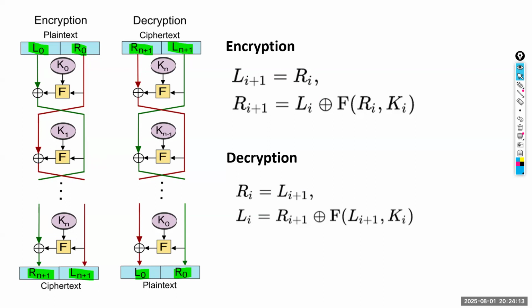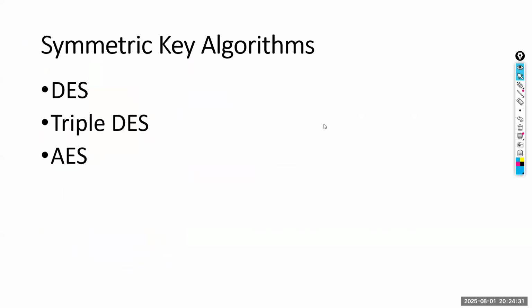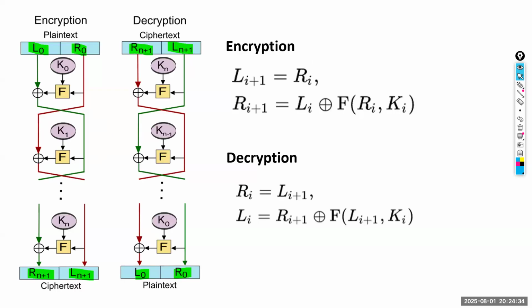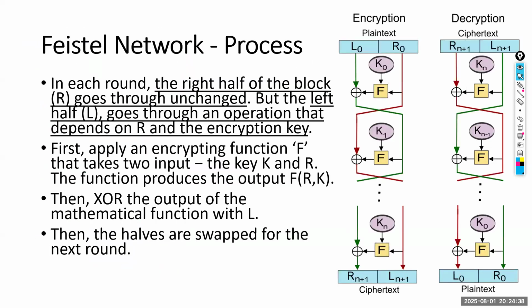And ultimately, it's fairly strongly encrypted. In these algorithms, they use both substitution and transposition to make it strong. So that is the Feistel network, or the Feistel design.